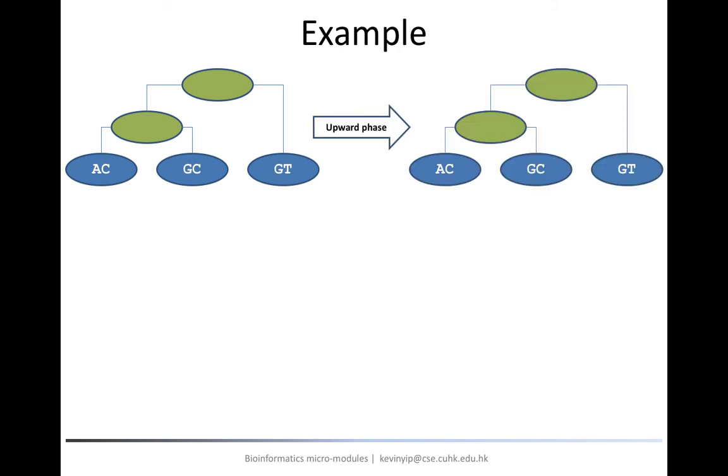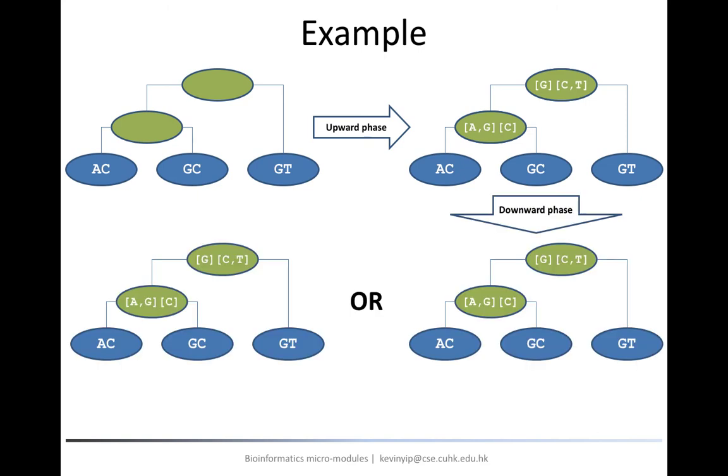In the upward phase, we collect preferences for each site separately. For the left child of the root node, at the first site, it keeps both A and G from its children, while at the second site, it keeps the common C from its children. The root then keeps the common G for the first site and both C and T for the second site as its preferences.